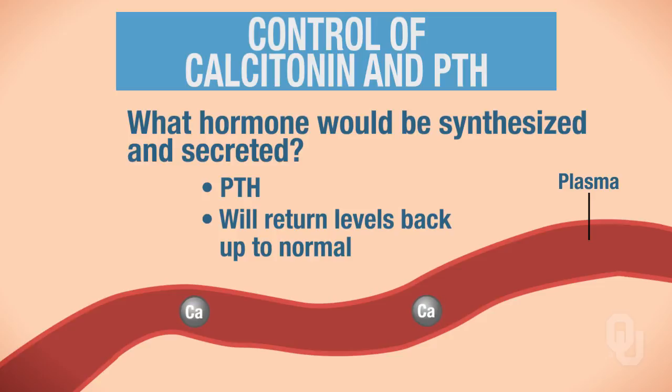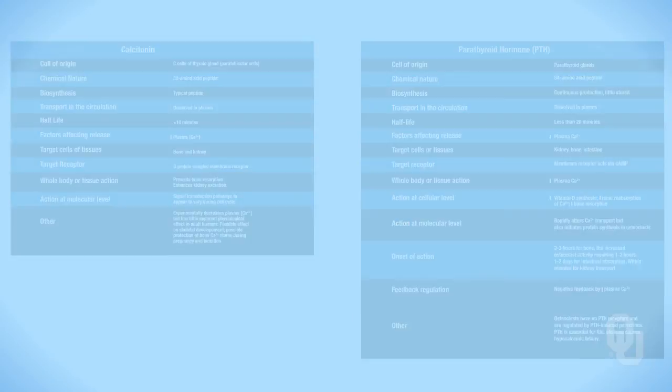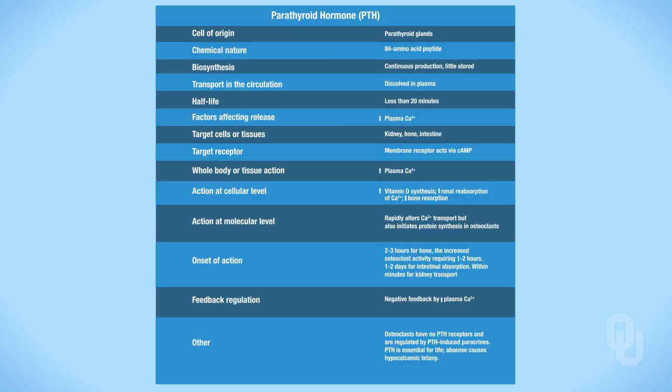So you can see how these two hormones work together to regulate your blood calcium levels. These two tables give a really nice summary of both of these hormones. Things that you should be familiar with are in this table, and it looks like a lot of information. However, once you understand that calcitonin and PTH are peptide hormones, a lot of this information will become second nature. So be sure to use these two tables as a summary for these hormones.